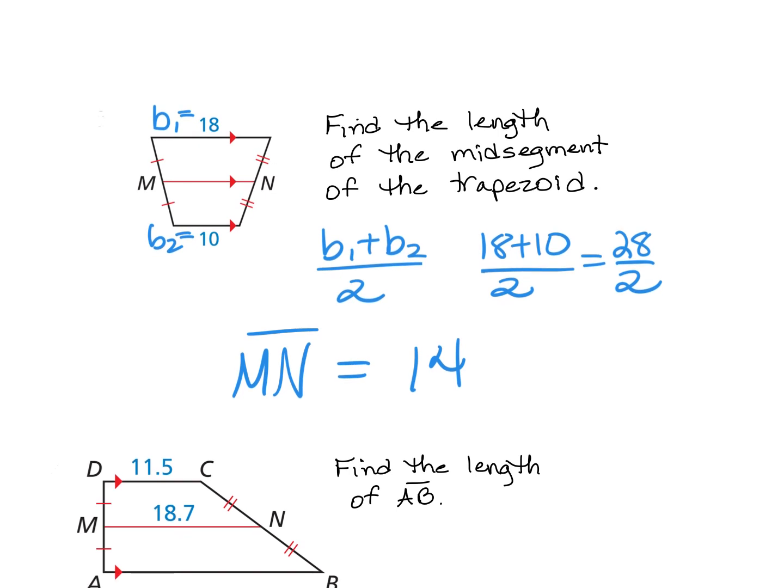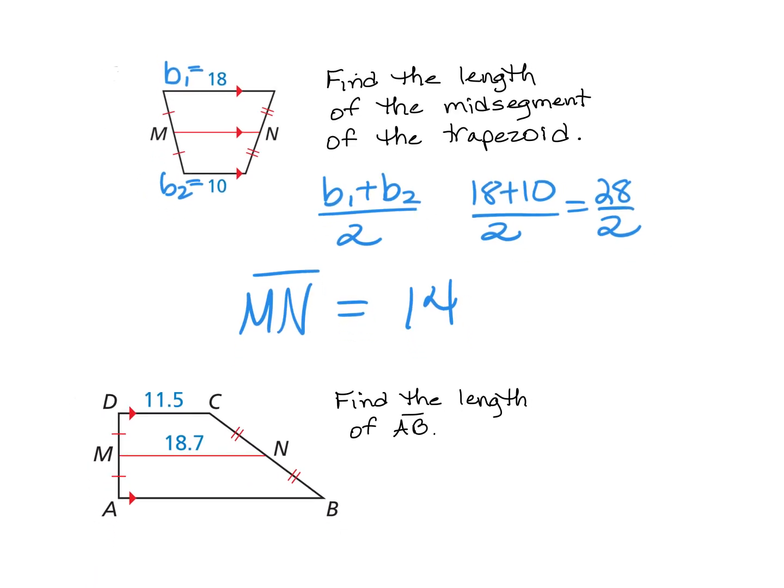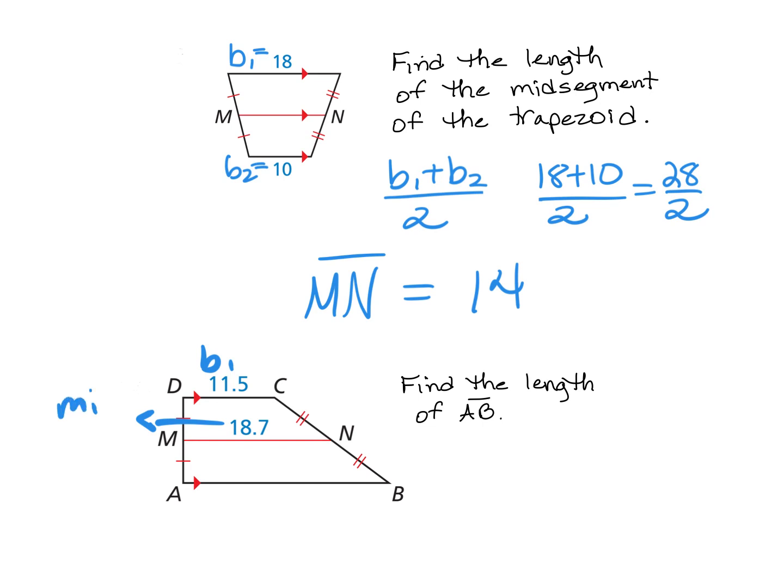Now, if they give you the length of the mid-segment and one of the bases, like we're going to do on the next example, we're still using the same formula, but we need to solve for one of the bases. So again, this could be my base 1. This one right here, the 18.7, this is the length of my mid-segment.